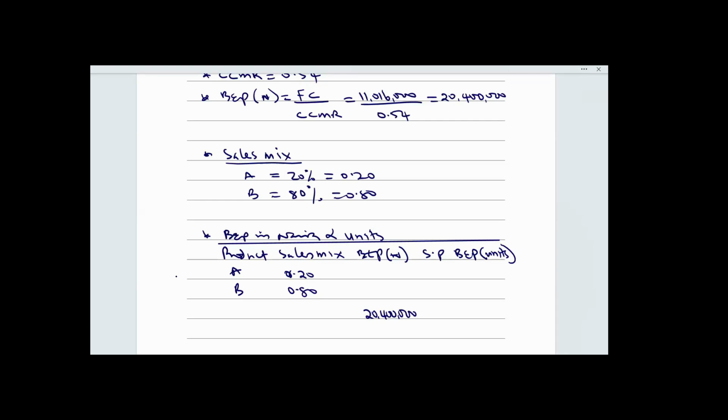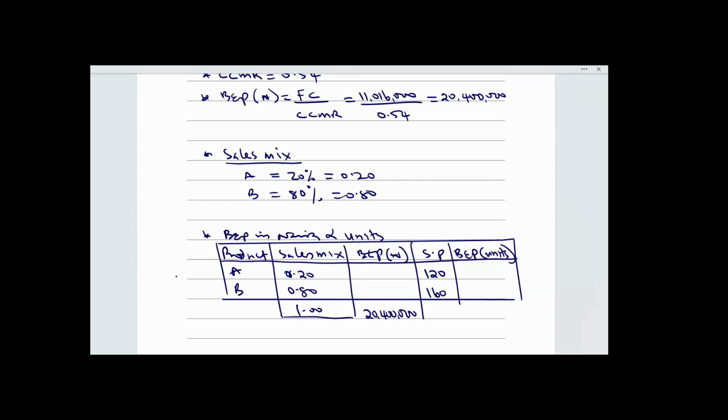The selling price of A is 120 and the selling price of B is 160.